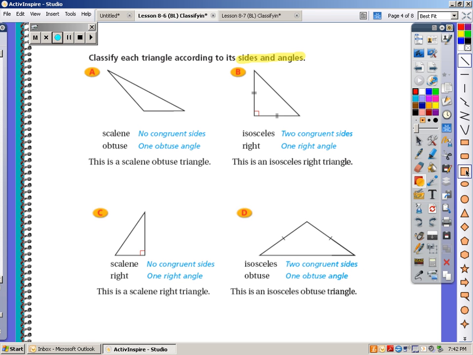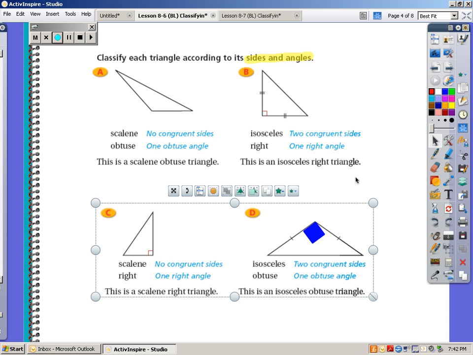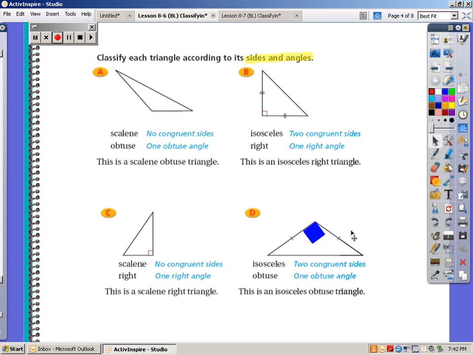The way that you can tell is if you take a square or something at the edge of your paper, you can stick it in there and see that it would actually be obtuse. So sometimes you have to stick something in there. I might stick this corner edge of my paper where this would be the right angle, and I can see it's bigger than that. So isosceles obtuse. If you're not sure, stick a piece of paper in there to let you know if it's a right angle or not.